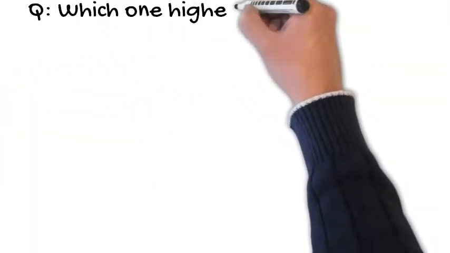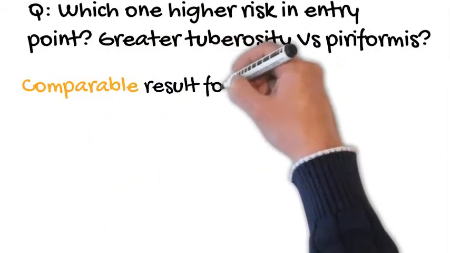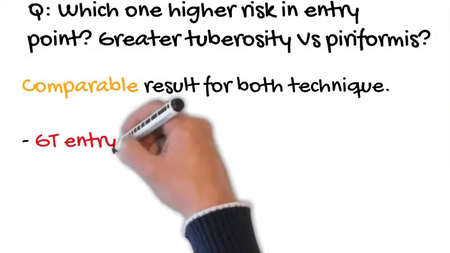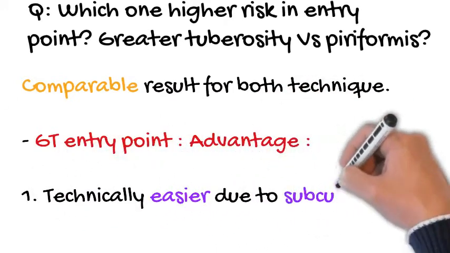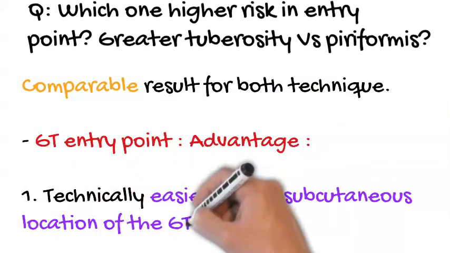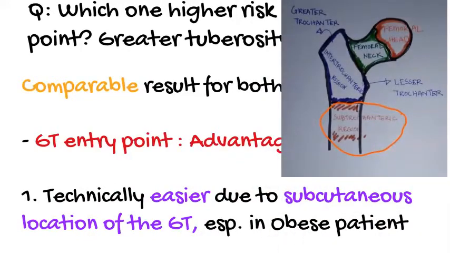Now the question. Which one is higher risk in entry point during nail insertion? Greater trochanter region or the piriformis entry point? Well, there is a comparable result for both techniques. For GT entry point, the advantages are: 1.